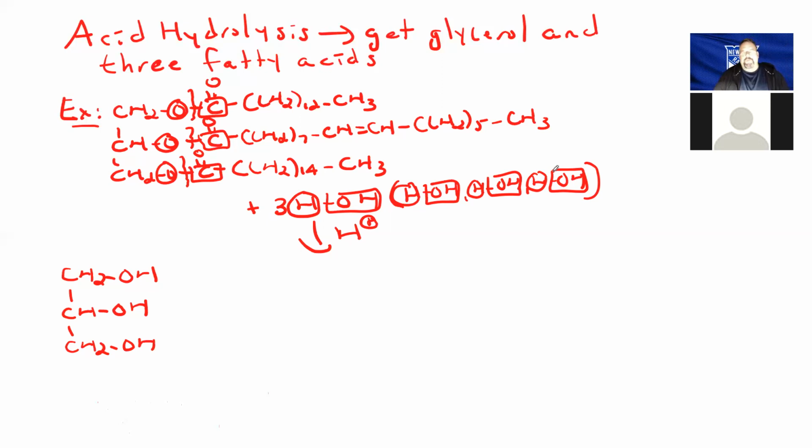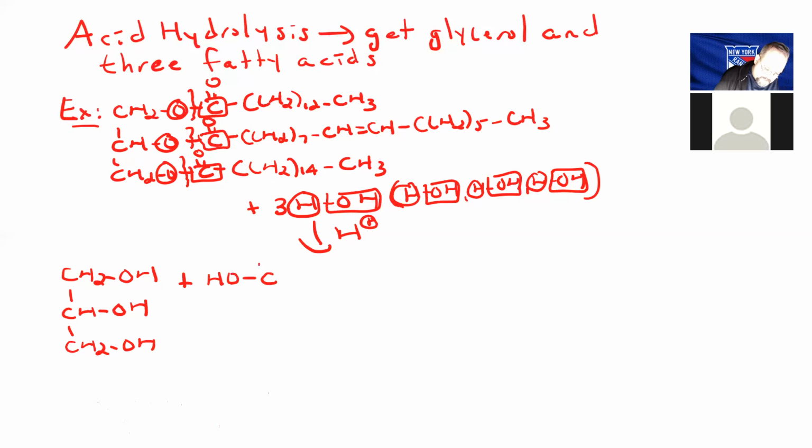Now, in this case, the three fatty acids that we get, are they going to be the same or are they going to be different? All three of them are actually going to be different. And you can tell just by looking at the fatty acid portion of the triacylglycerol itself. So we would draw them.